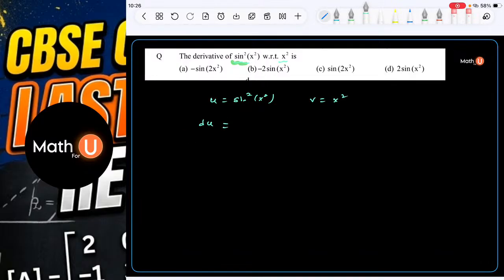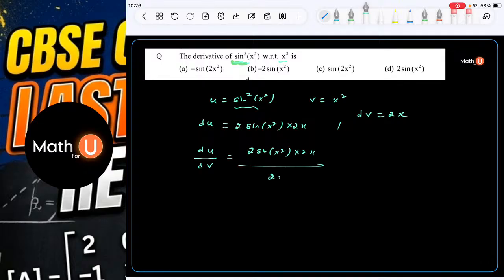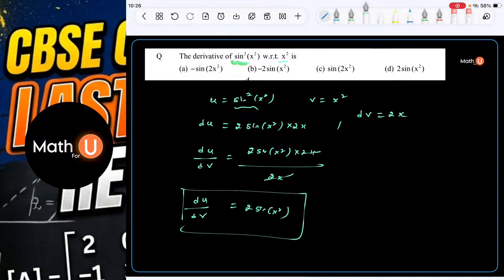We get du is equal to 2 sin x squared into the differentiation of x square, 2x. Similarly, differentiating v with respect to x, we get dv equal to 2x. Then finally du by dv is nothing but 2 sin x square into 2x by 2x. The 2x cancel, we get 2 sin x square. This is nothing but du by dv. Which option is correct? D option is the correct answer.